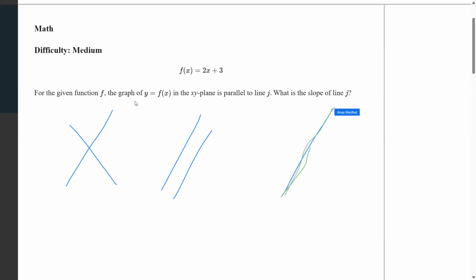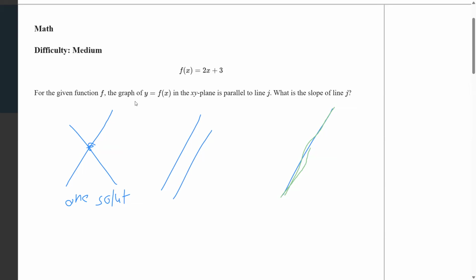In the first case, you'll have one solution x and y, where the 2 lines intersect.